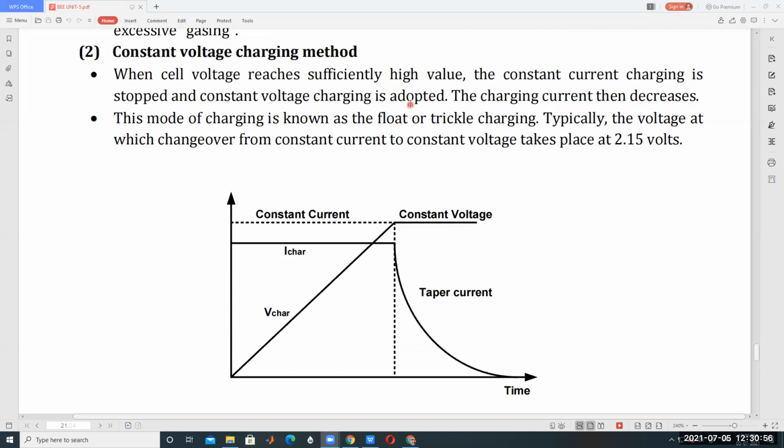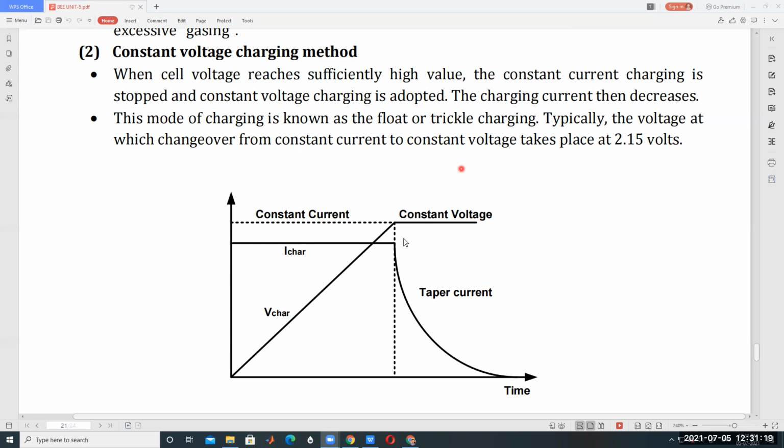The starting condition is constant current charging. After that, it reaches some sufficient voltage level. Then the battery is charged by constant voltage. First constant current, and then after that constant voltage. So the charging current then decreases.